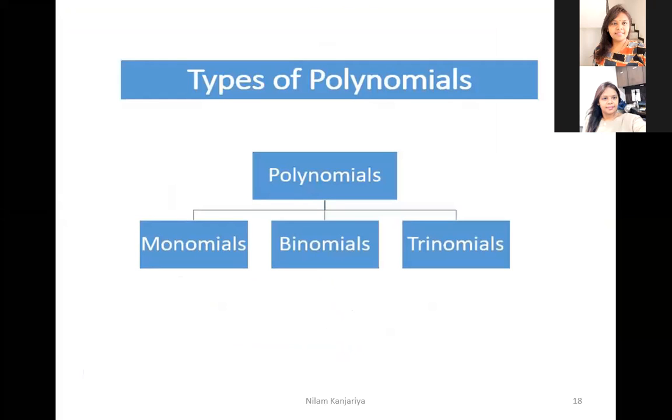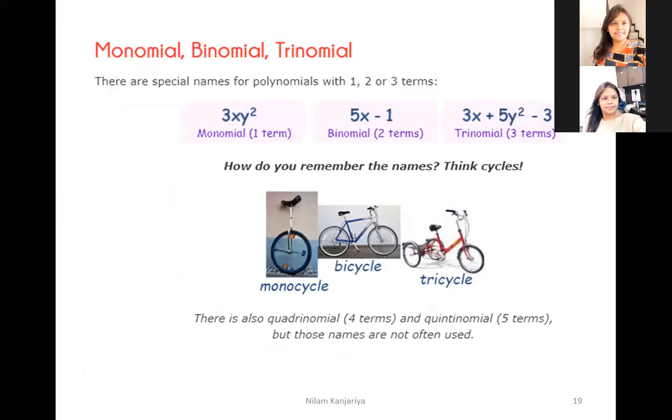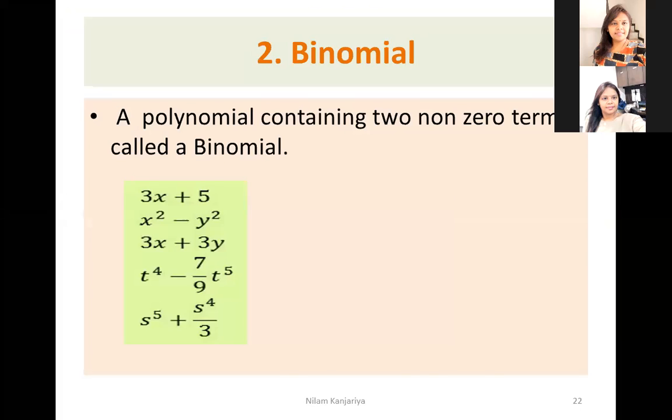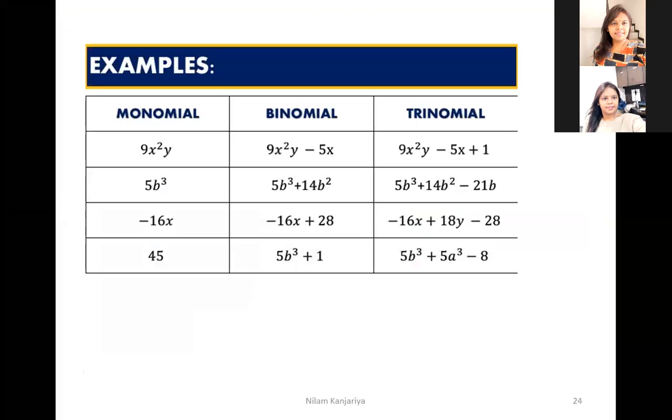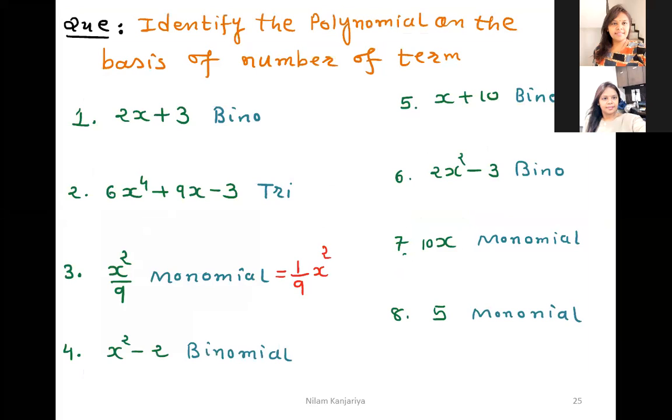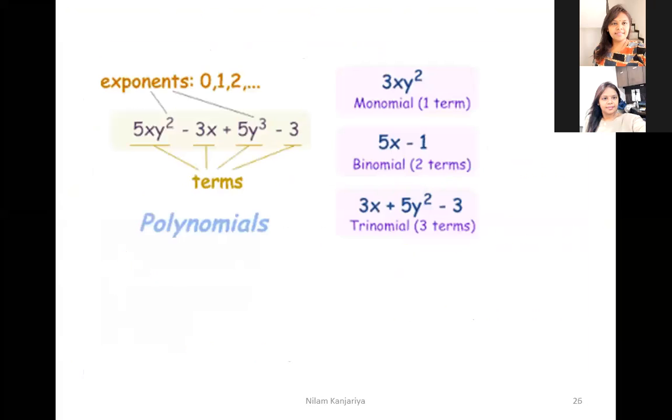We discussed these three types of polynomial and their examples. We also checked the following terms, that is, whether each is a polynomial and which type of polynomial it is, depending on the term.